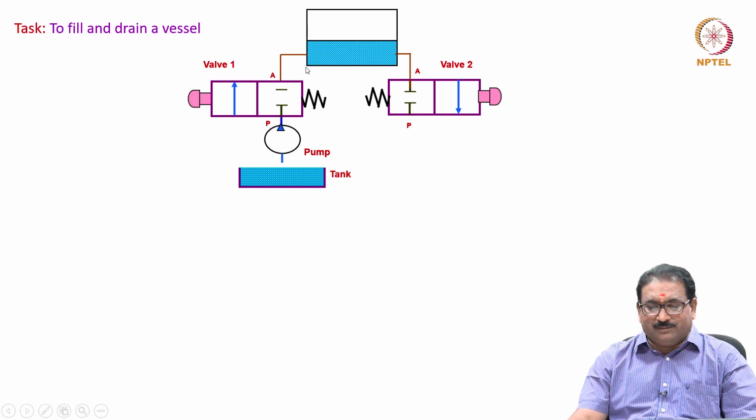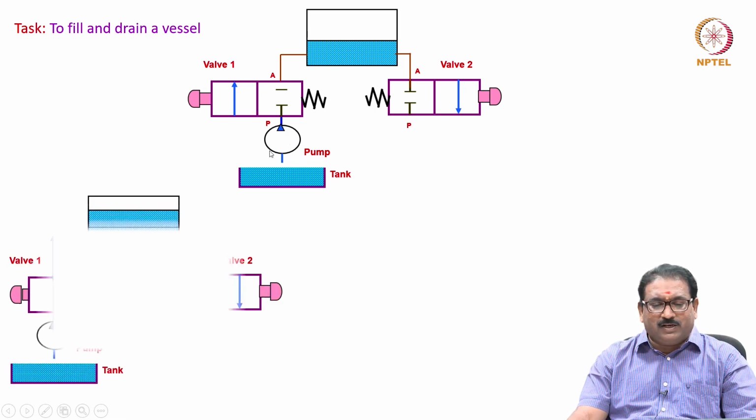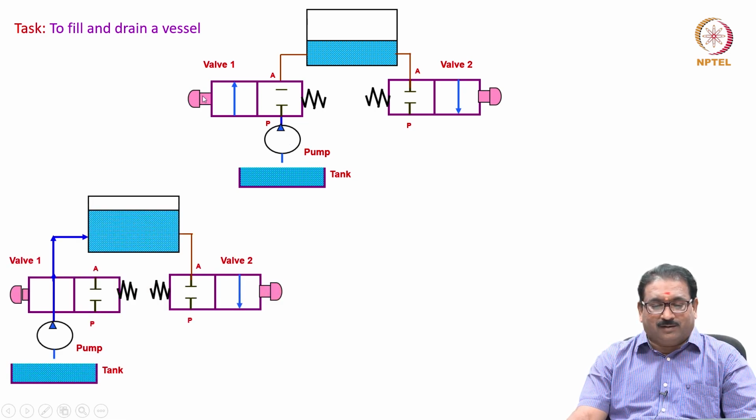This is a tank. See the directions friends, always see the directions here. Valve 1 and valve 2 are connected to the pump. What happens friends? When I press this button, automatically it will go to this position, meaning whatever flow the pump is sending is used to raise the fluid in the vessel.